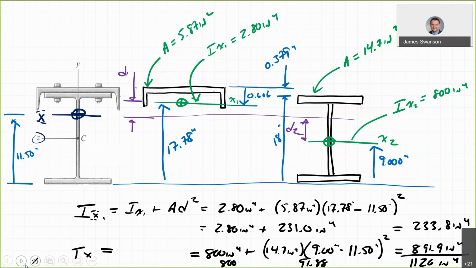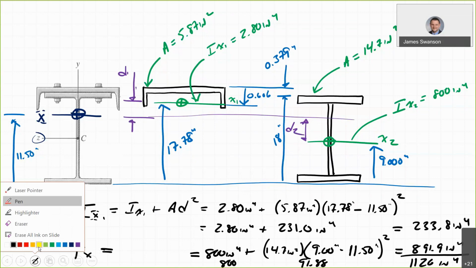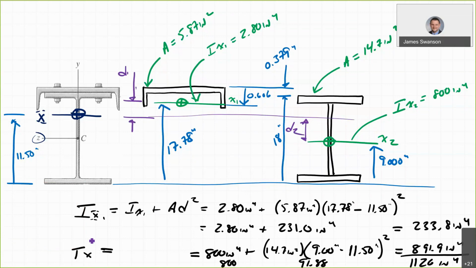All right. Now, a couple of things that I should highlight before we move on. It's interesting, the contribution of this equation. So we have the parallel axis theorem where we have the moment of inertia of the section about its own centroidal axis, and then the AD squared term. So this channel, when you bend it about its weak axis, about the little x1 axis here, it isn't very stiff.